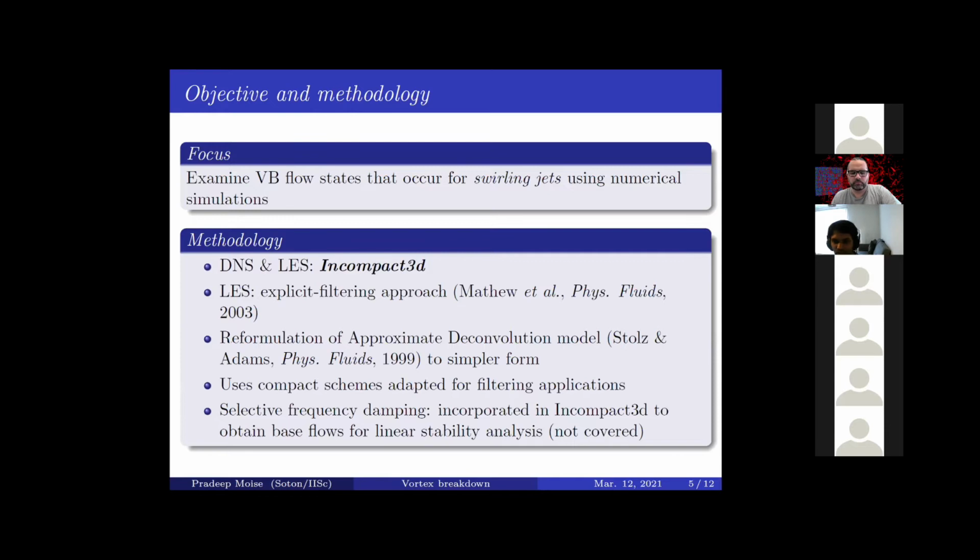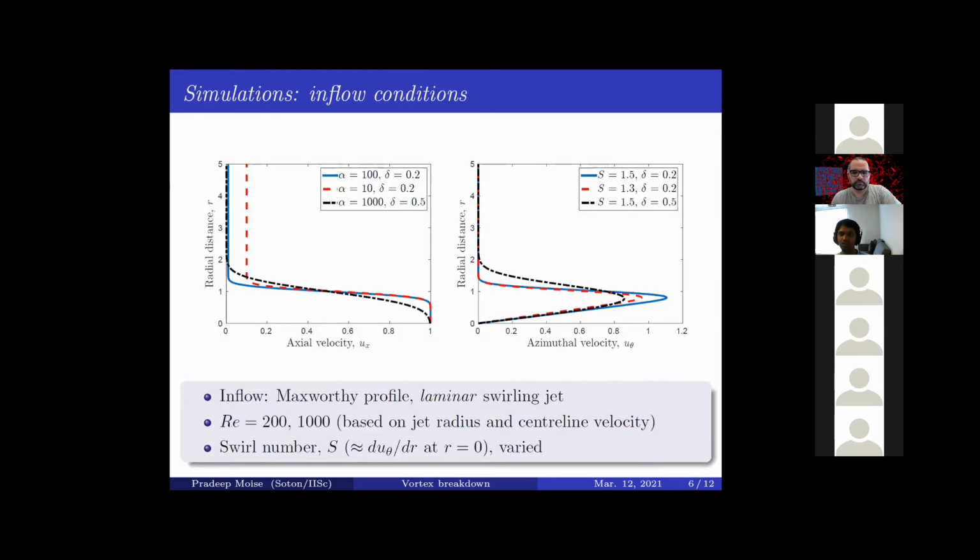In addition to this, we have also done linear stability analysis on the flow field to examine the helical structures that develop in the flow. And for that, to compute the base flows required for the stability analysis, we also incorporated a tool for the selective frequency damping approach into Incompact3d, but I won't cover much of that in this talk.